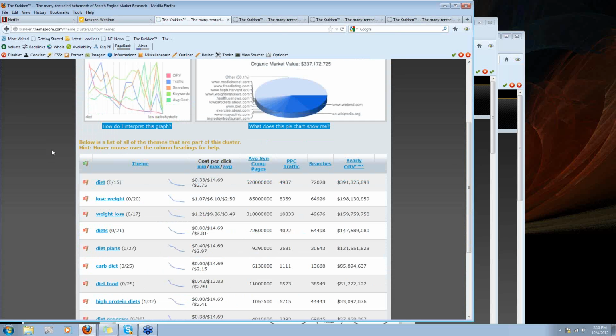But this is something that I just prefer to do because there's no keyword tool that I have to trust, because I know that our processes are far deeper in the analysis than the other tools that I'm using. It's not that I don't use other tools. Sometimes I use Google Instant Search or some of these things. But most of the time, I get them all back from Kraken.